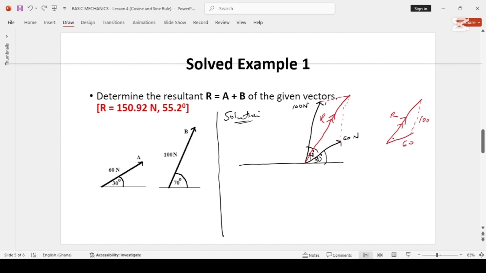Let's represent the angle here as X. Since two opposite sides of a parallelogram have the same angle, we can determine the angles in the whole of this parallelogram. So if this side of the parallelogram is 40 degrees, it means that this part of the parallelogram is also 40 degrees.